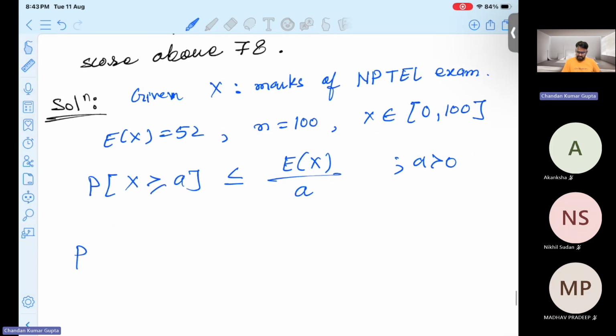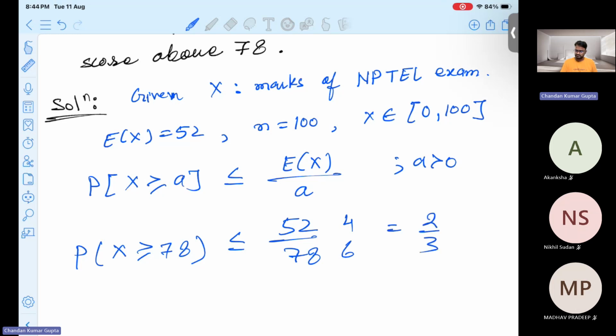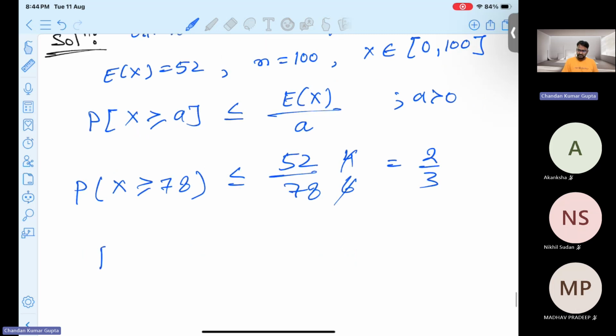We need to take the probability that x is greater than or equal to 78, less than or equal to 52 upon 78. It can be calculated, 2 by 3. So the probability comes out to be 2 by 3. That means the probability that X is greater than or equal to 78 is less than or equal to 2 by 3.